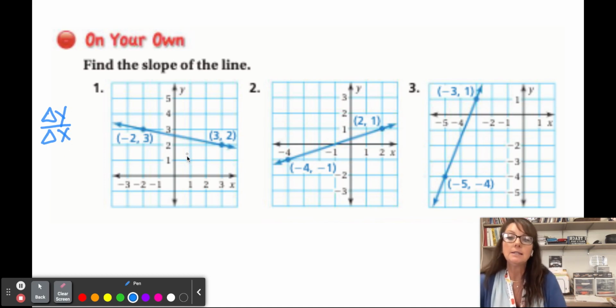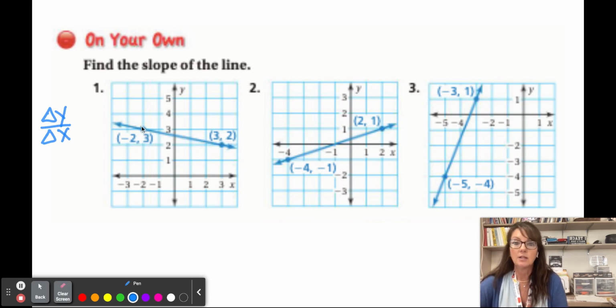To calculate it, you want to write, starting with either point, it doesn't matter. Once you pick a point to start with, that's the point you start with in the numerator and in the denominator. You can't start here with this y and then come here and grab this number. If you start here, then in the denominator, you have to start here, okay, for the x's, just so that makes sense, right?